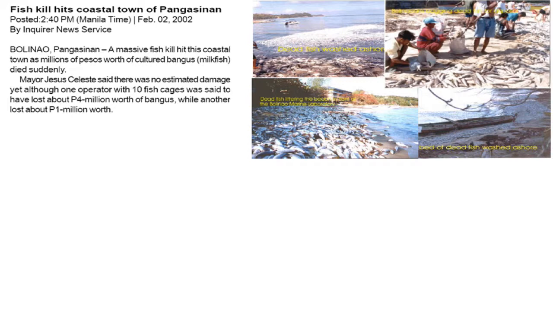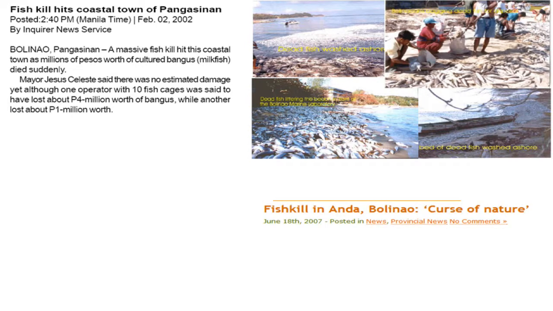Fish gill hits coastal town of Pangasinan, and it was said that there was about 4 million pesos lost in terms of bangus for one operator, while another operator lost about 1 million more. So there's a lot of livelihood lost here.